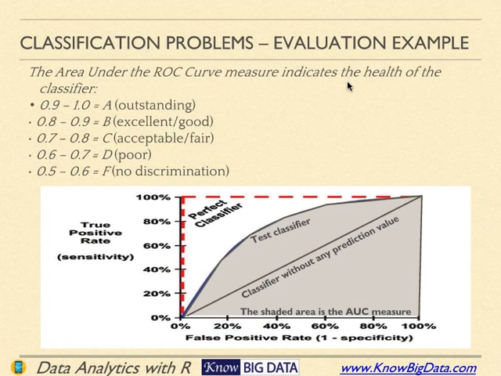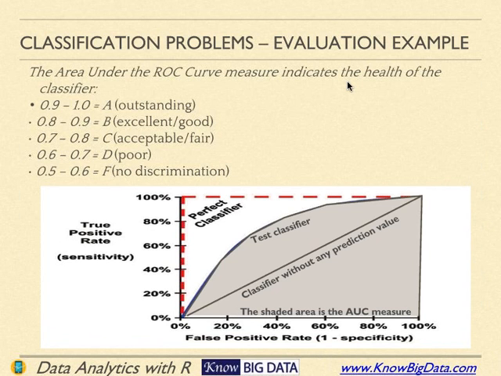A perfect classifier has a curve that passes through a point at 100% true positive. This axis is false positive and this is true positive. So a perfect classifier passes through this point.